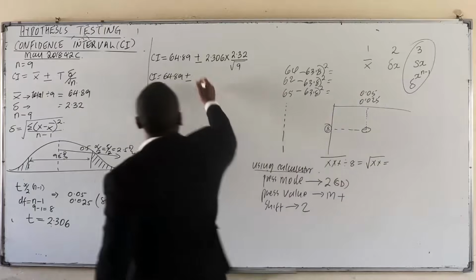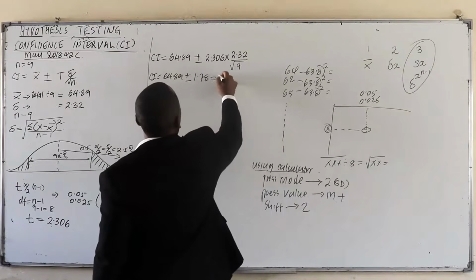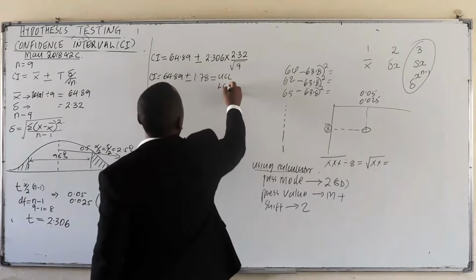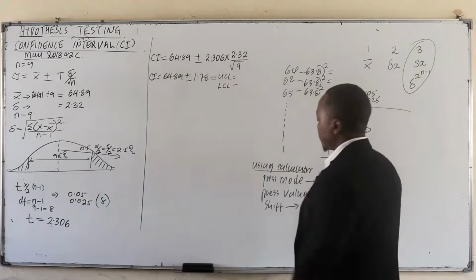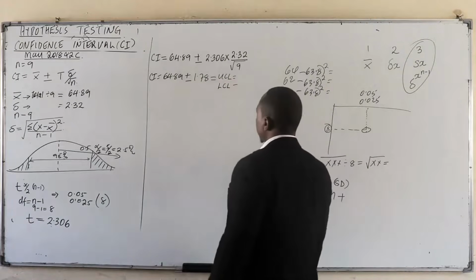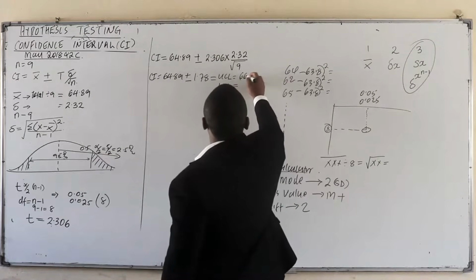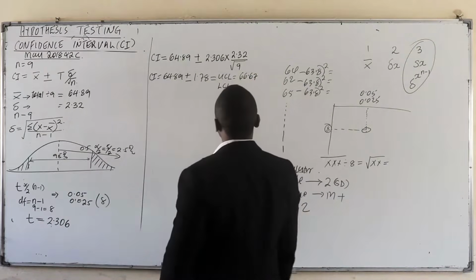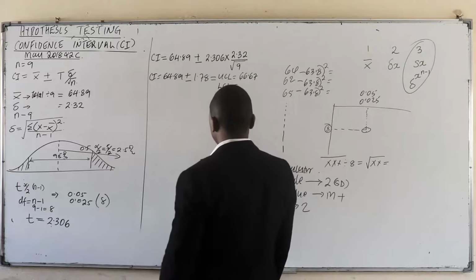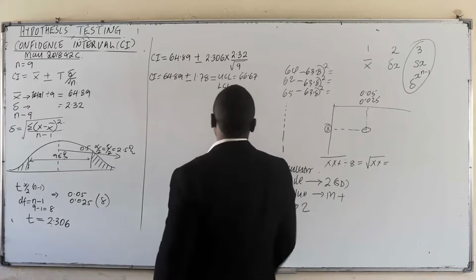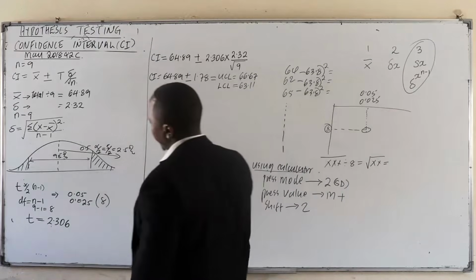You got an amount of 1.78. So now give me the upper control limit and the lower control limit. Upper, that means you add, lower you minus. 66.67. 63.11.